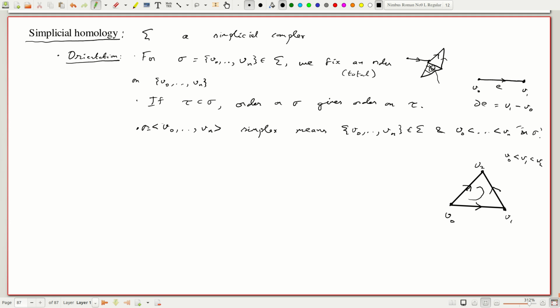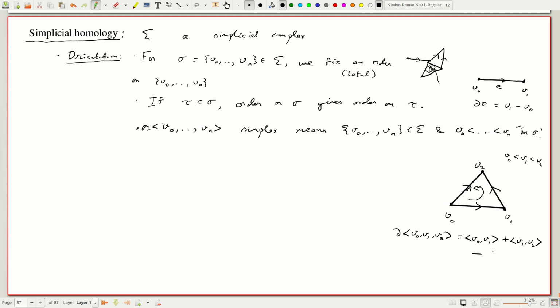And we'll think of this simplex as being oriented with a boundary like this. You'll see that in the formula. Okay, so what we'll want is, if this is sigma, the boundary of [V0, V1, V2] is going to be the first edge, [V0, V1]. Okay, and then we have the second edge [V1, V2].